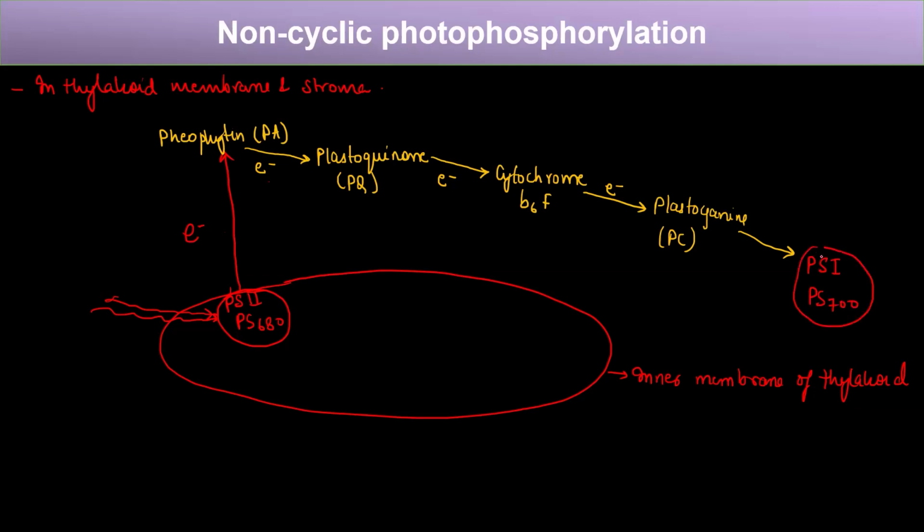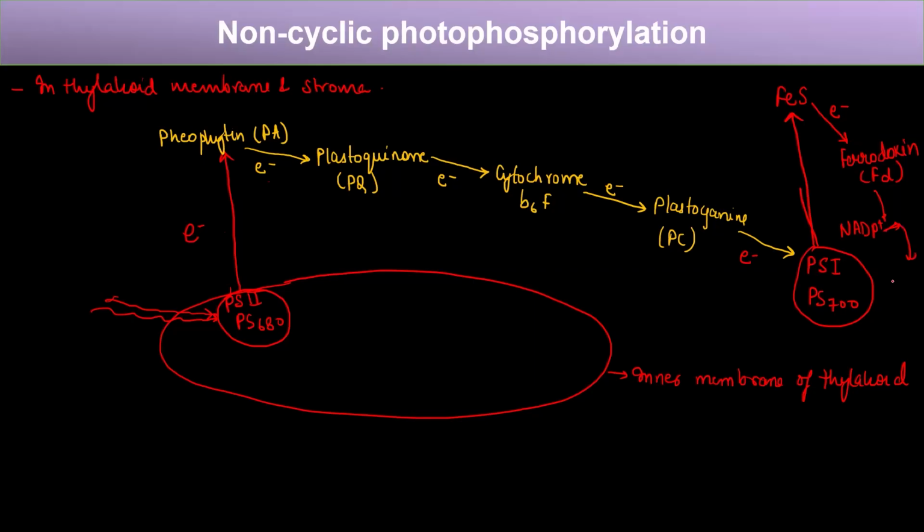Once it receives the electron, it will get excited and transfer the electron to FES. And this FES will transfer the electron to FD, that is ferrodoxin, represented by FD. And then it will lead to the catalysis of a reaction known as NADP plus to NADPH conversion.